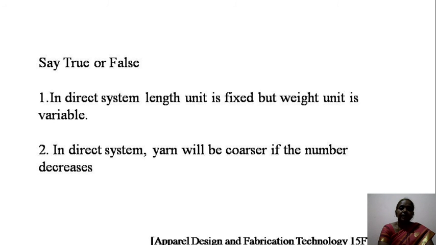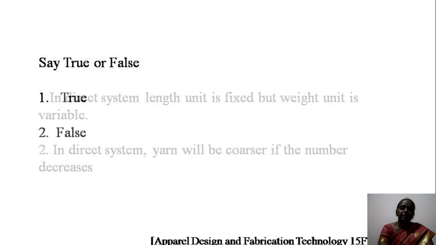First, in the direct system the length unit is fixed: in the tex system the length is 1000, in linear 9000. So length is fixed, weight is variable, it is true. Yarn will be coarser if the number increases, so the second is a false statement.